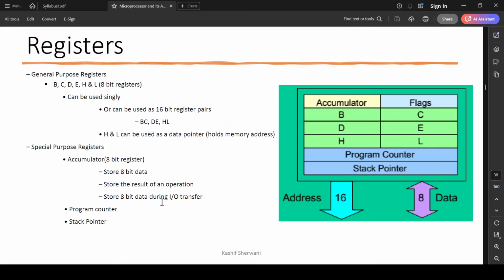So it can be used for both the result of an operation and the input output transfer data. Special purpose register, accumulator, 8-bit, result, IO transfer.